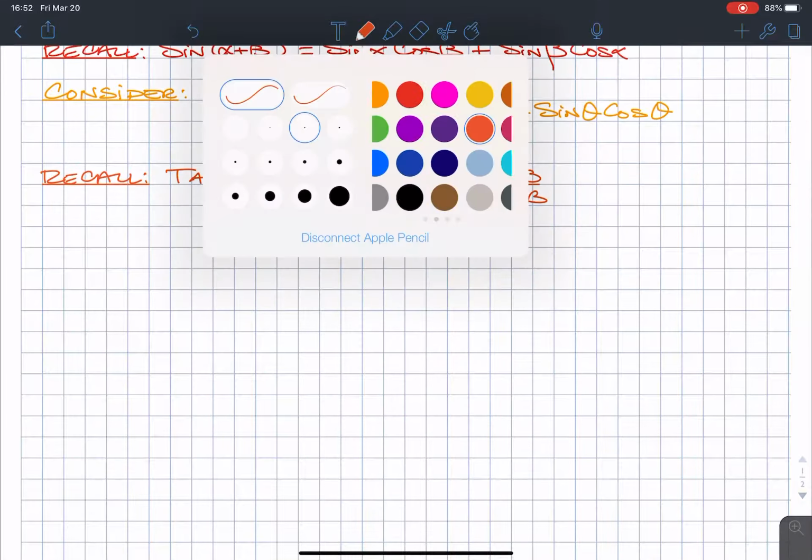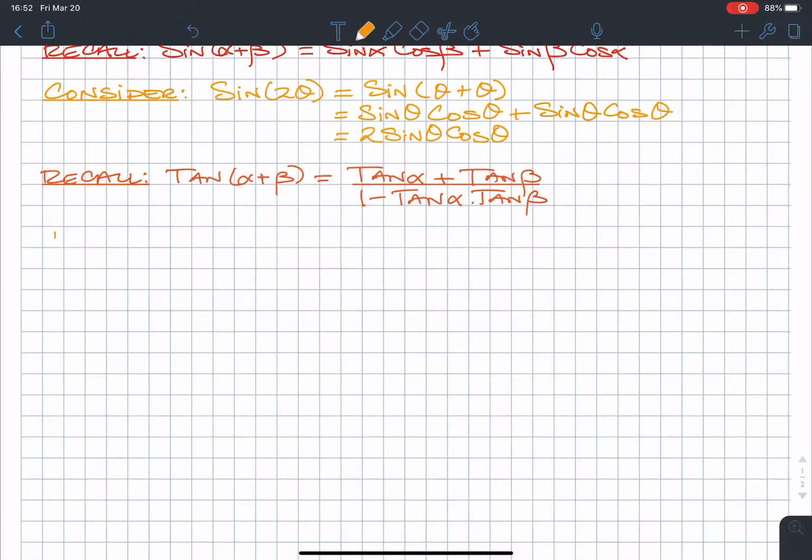Okay, so let's consider tangent of 2 theta.